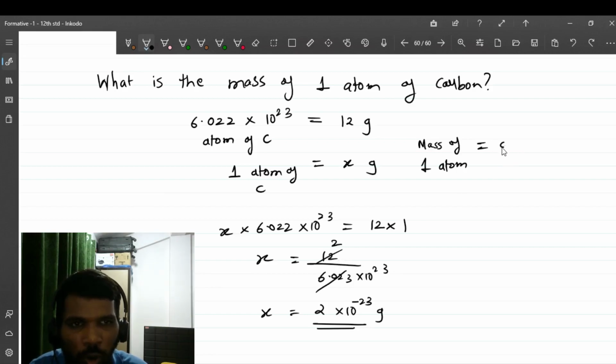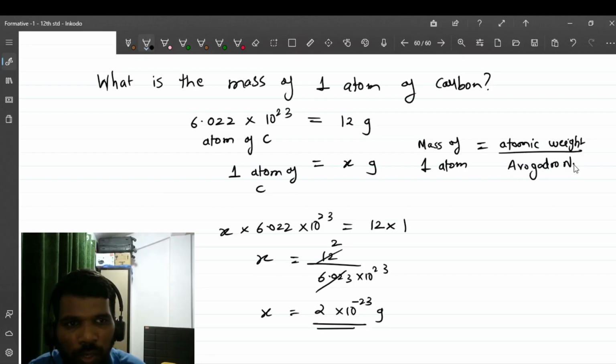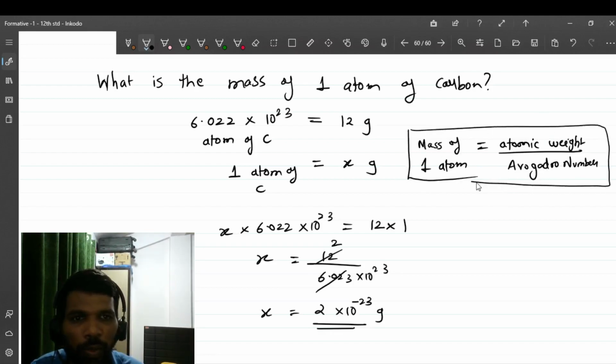It is atomic weight upon Avogadro number. This is known as the Avogadro number, no? So mass of one atom is atomic weight upon Avogadro number. You can use this formula happily, right? Isn't it very simple?